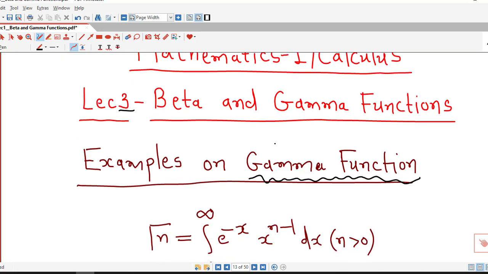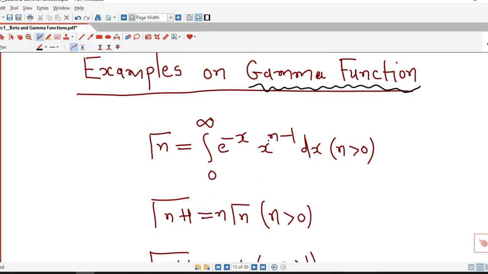In earlier two lectures we have discussed the definition of gamma function. We know that gamma n is given by the integral from 0 to infinity of e raised to minus x, x raised to n minus 1 dx, where n is a positive real number.